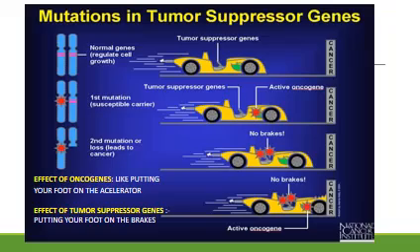Okay, so what happens? What is the effect of the oncogenes? The effect of the oncogene is like putting your foot on the accelerator. So more it proliferates, the more speed it will gather. As long as the tumor suppressor is there, it will act as a brake. Okay, but if the tumor suppressor gene is mutated, then there is no brake. So what happens?